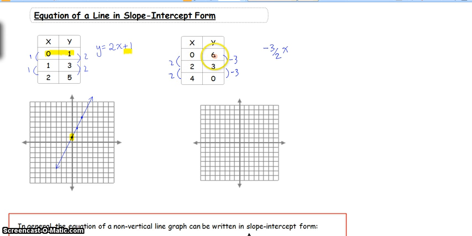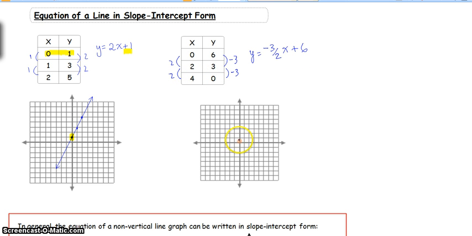But I know by adding 6 every time, because 0 is the easiest one to input, if I multiply my -3/2 by 0, I know I need 6 more to get me to 6. And we could test that out. Multiply 2 by -1.5, add 6. Multiply 4 by -1.5, add 6.